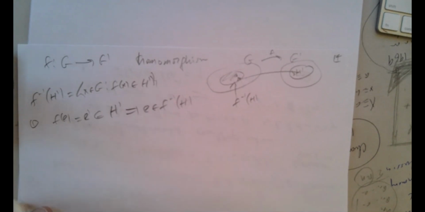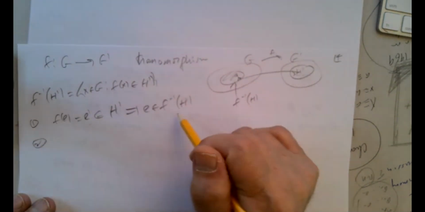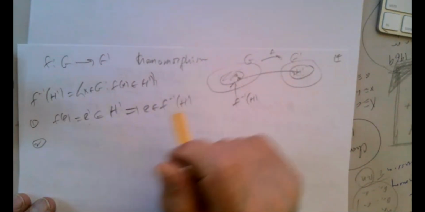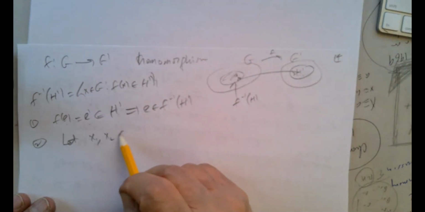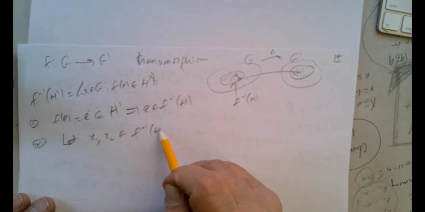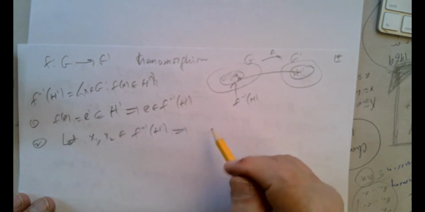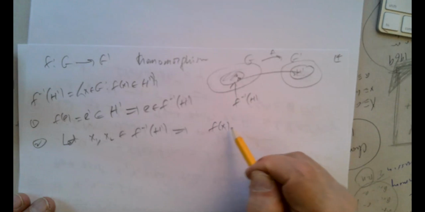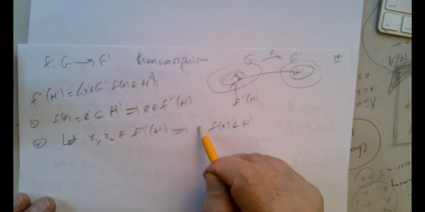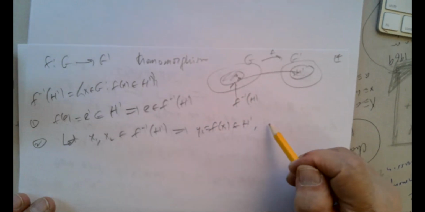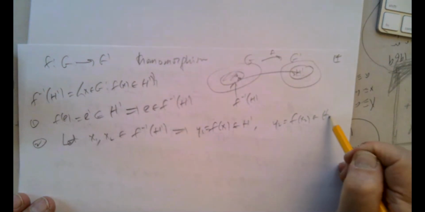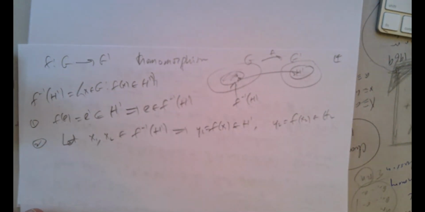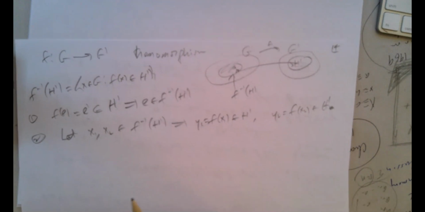Second, we have to show that f inverse of H prime is closed under multiplication, so let x1 and x2 be in f inverse of H prime. So that means that f of x1 is something in H prime. Let me call that y1. And what I can call y2 is f of x2. That's another element in H prime, and H prime is a subgroup.